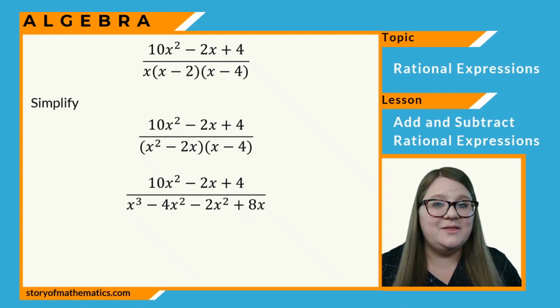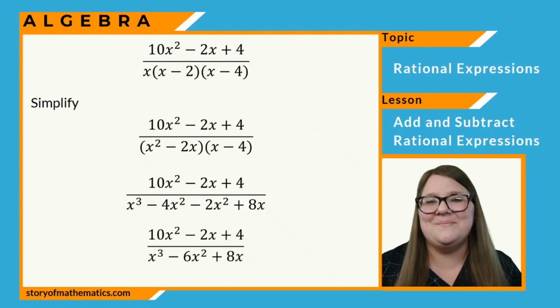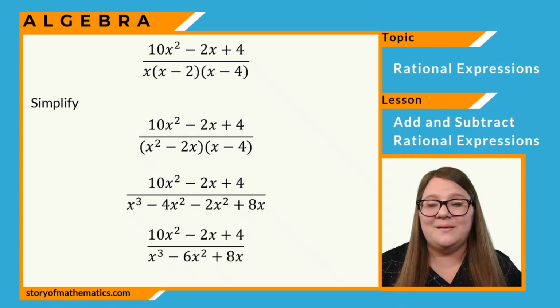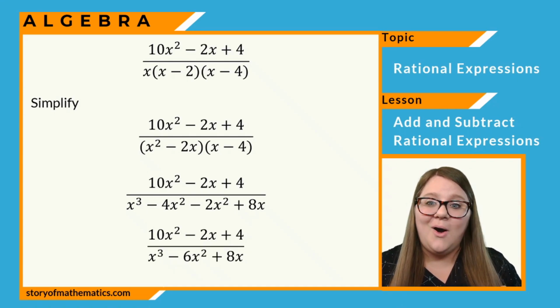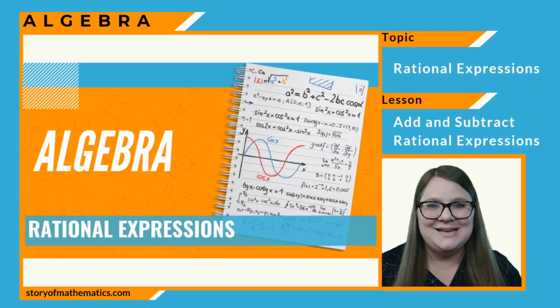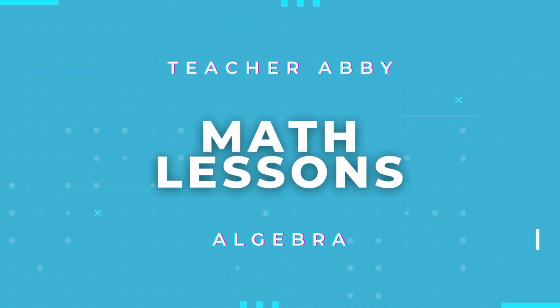I just need to combine the like terms and then I will be done. So when I see minus 4x squared and minus 2x squared, I'll combine those to give me minus 6x squared. This gives me a final answer of 10x squared minus 2x plus 4 all over x cubed minus 6x squared plus 8x. And that is how you add and subtract rational expressions.